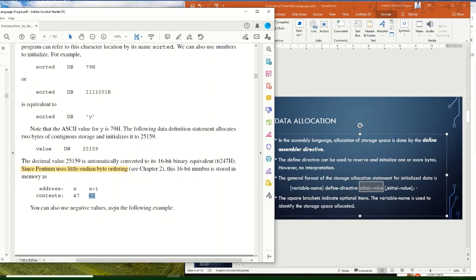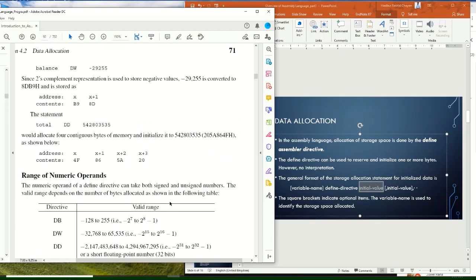Okay, I hope you understand that we define a two-byte number, byte number 1, byte number 2, and according to the Pentium processor, we store the least significant byte first, and then the most significant byte. That's why 47 first and 62 at the end. Let us see another example. I hope you will understand.